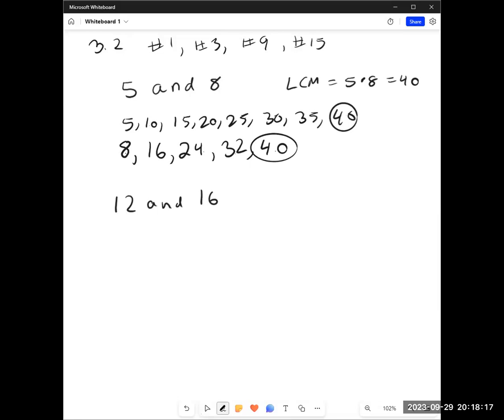So let's start with multiples of 16 and stop when we get to the first multiple of 12. So 16 plus 16 is 32, plus 16 is 48, and I can stop because 48 is 4 times 12: 12, 24, 36, 48. So my LCM is 48.